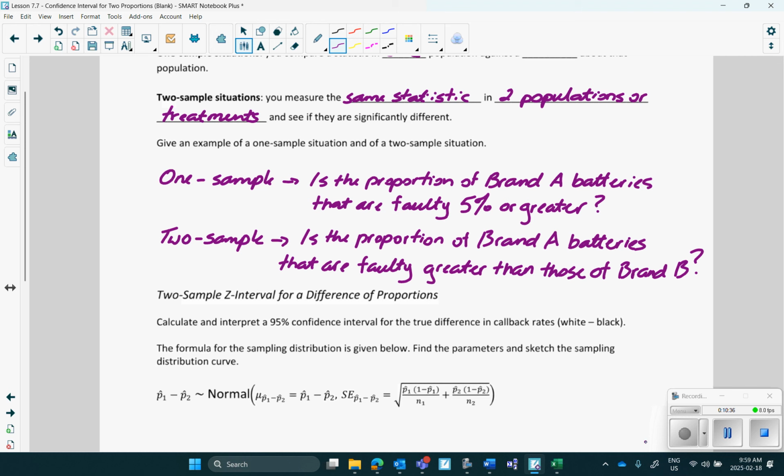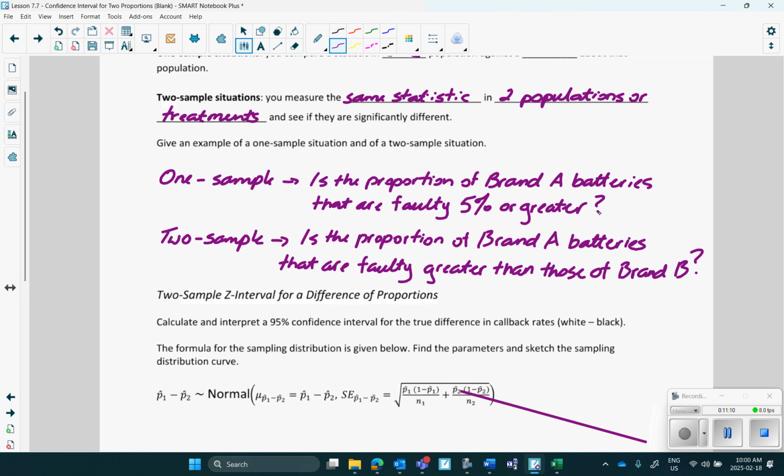So we find the difference from them, and we construct a confidence interval of the difference. If all the numbers in the confidence interval are positive, then we would say, yeah, okay, the proportion is greater, because all the numbers in the confidence interval fall higher than 0. If any of the values are negative, we can't say, well, no, because there might be ones where those brand B batteries are more faulty.